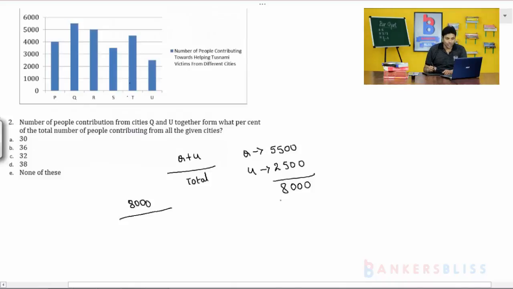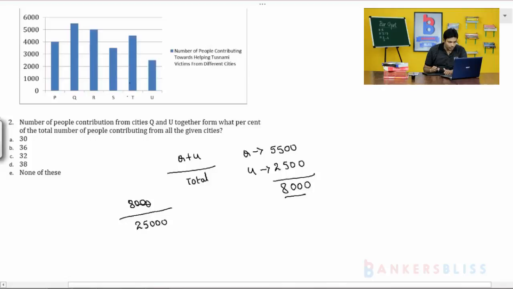Q plus U you have already done, so you directly take Q plus U. So P 4000, Q plus U 8000, that is 12,000, next R 5000, that is 17,000, next S 3500, you take only 3000, 17,000 plus 3000 is 20,000, next 20,000 plus 4000 is 24,000, so 24,000 plus 500 is 25,000. So you are going to get 25,000.